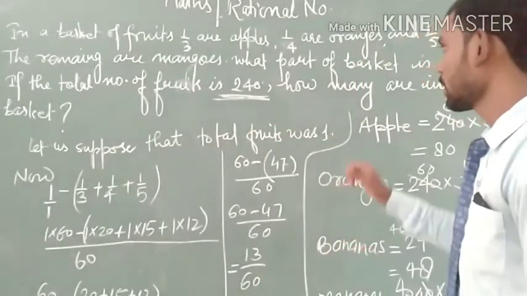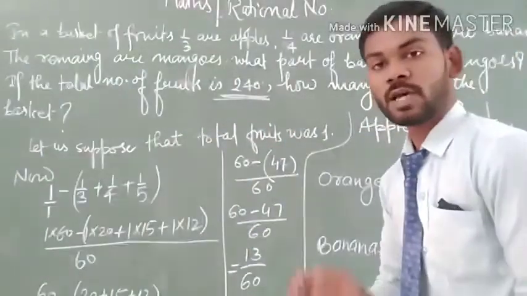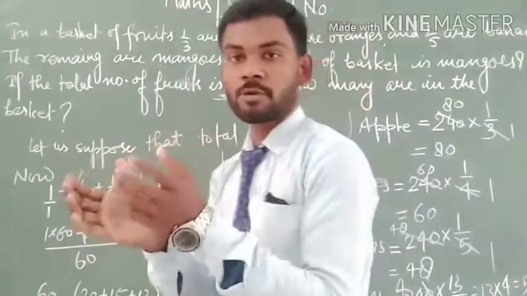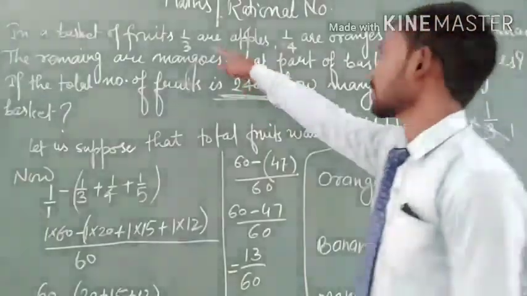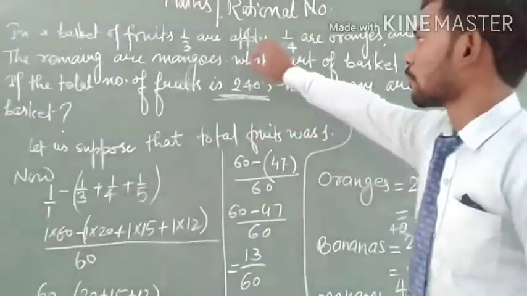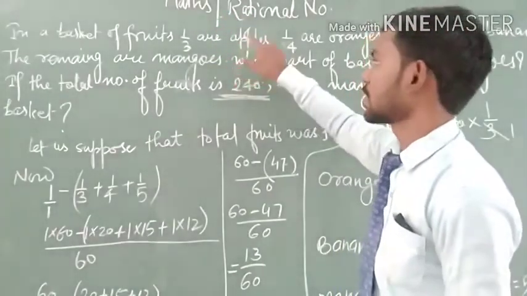And now 240 is the total number of fruit. So we have to find how many are in the basket. Means we have to find the number of bananas, oranges, mangoes, and so on. So here you can see that 1/3 are apple, which means that 1/3 of 240 is apple.